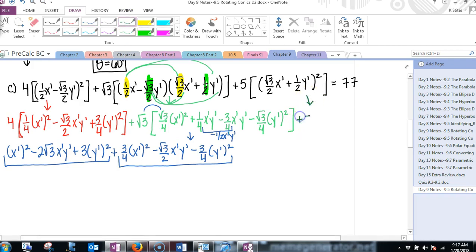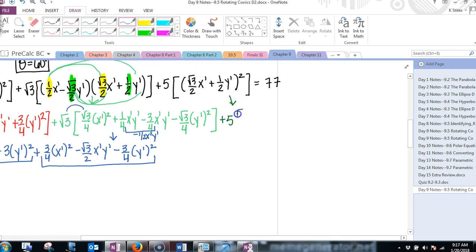Okay, this guy, we got a +5. This we're just going to FOIL out. Root 3 over 2 squared is 3/4 x prime squared, plus multiply these two together and double it. And let's see, root 3 over 2 times 1/2 is root 3 over 4.